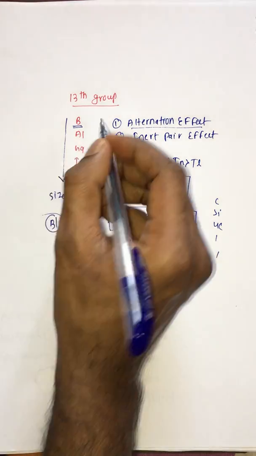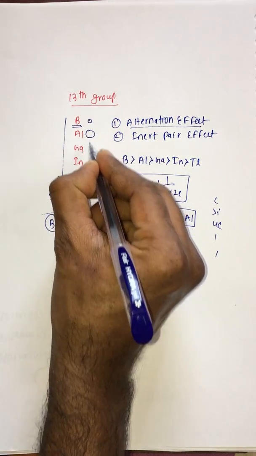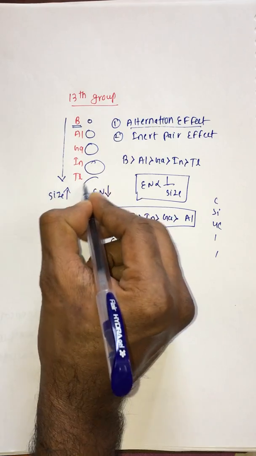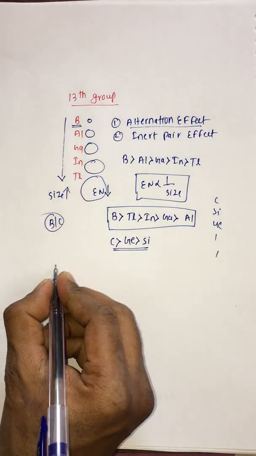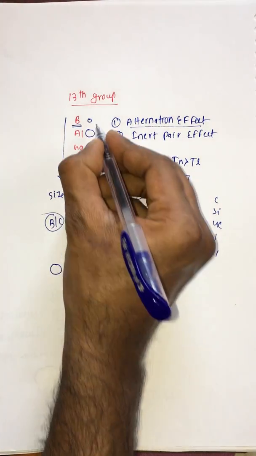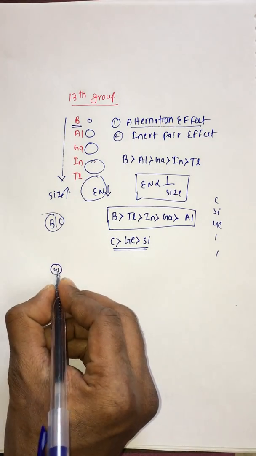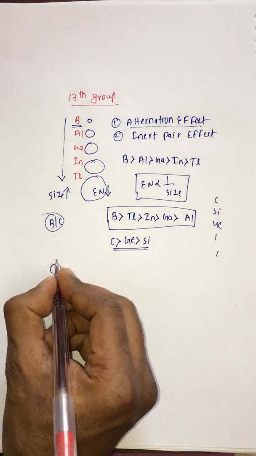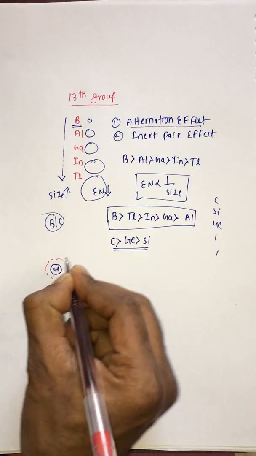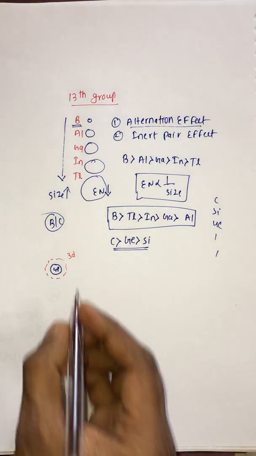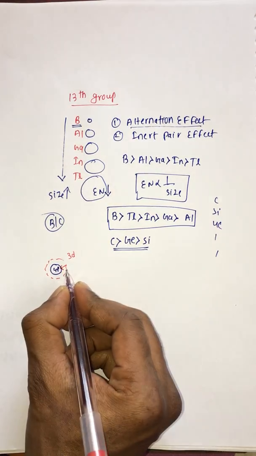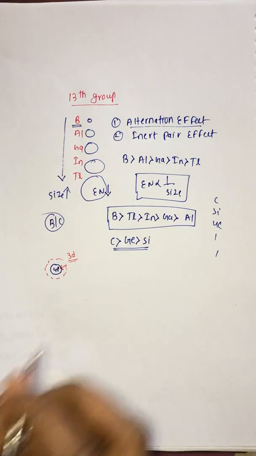Here we have 2p orbital, 3p, 4p, 5p, 6p. First, we'll talk about the 4p. This is the 4p orbital. The 4p orbital is surrounded by the 3d orbital, right? So there is poor shielding from the 3d orbital on the 4p orbital.